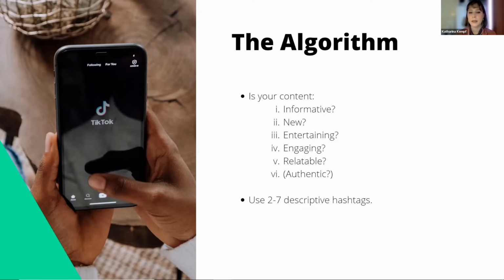Let's say out of the 100 users that were shown your video, only 2 are interested in cycling. But those 2 stayed on your video and they liked it and they shared it and they interact with it. So the algorithm knows, okay, probably this video is very popular among users who are interested in cycling. So then it will be shown to users with that interest. And even though your video will not go viral, it will be shown to the right key audience in the end.